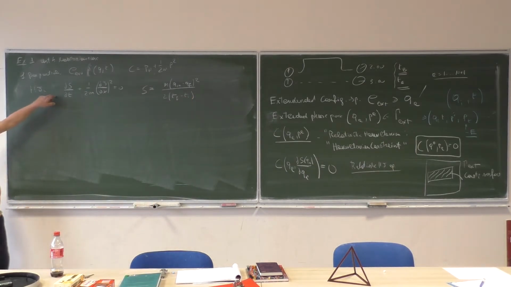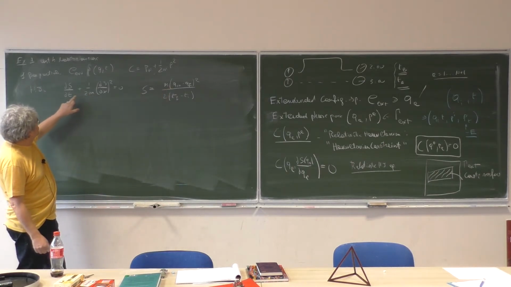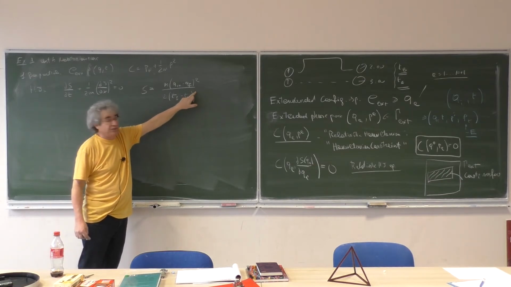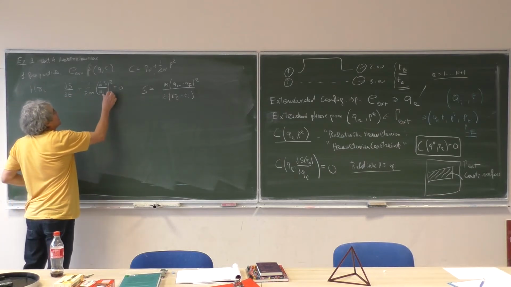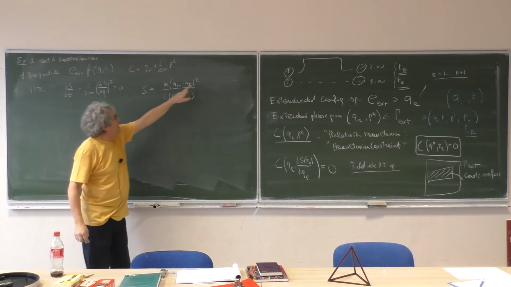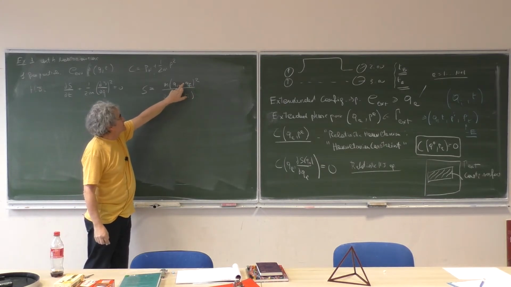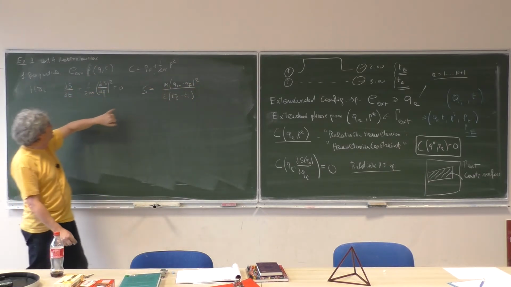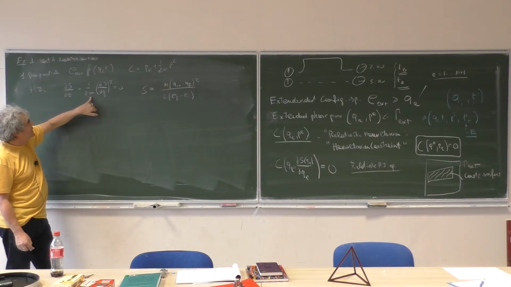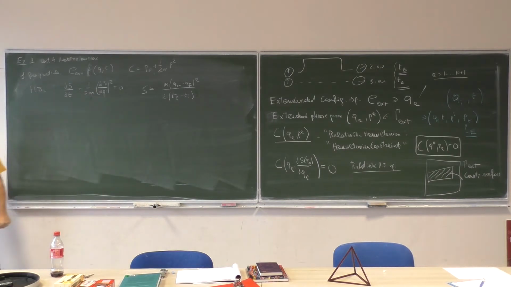I forgot the sign. And you see that it satisfies this in both sets of variables, because if you take a derivative with respect to t, you get a minus and a square. If you take a derivative with respect to q, I call it x, you get a 2 that cancels this 2, and you cancel the square. So when you square, you get back the square and m squared, which cancels with this m, and the 2 is back from here, so this equation is solved, up to the sign that I hope is right.